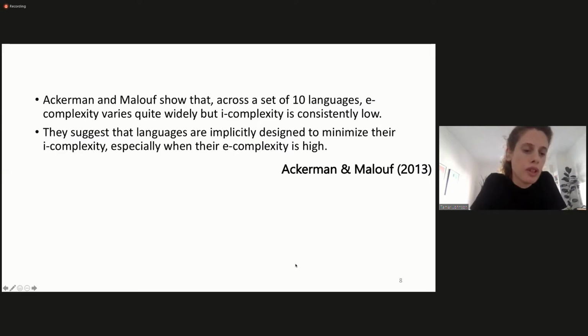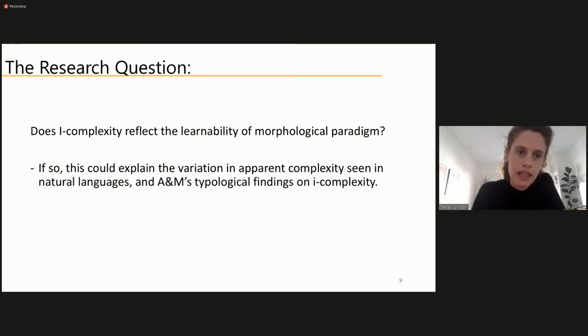Ackerman and Malouf in their paper showed that across a set of 10 languages, E-complexity varies quite widely, but I-complexity is consistently low across these languages. And they suggest that languages are implicitly designed to minimize their I-complexity, especially when their E-complexity is high.